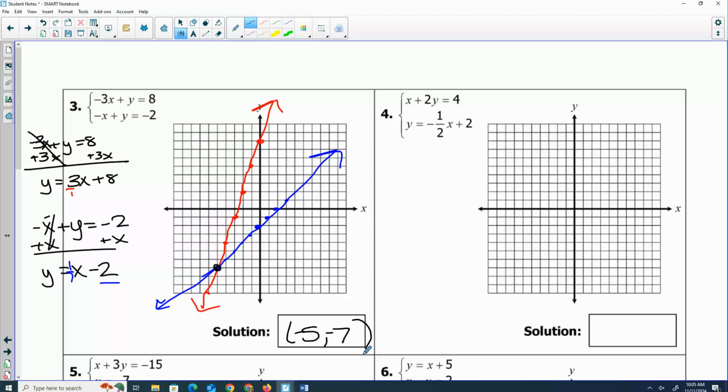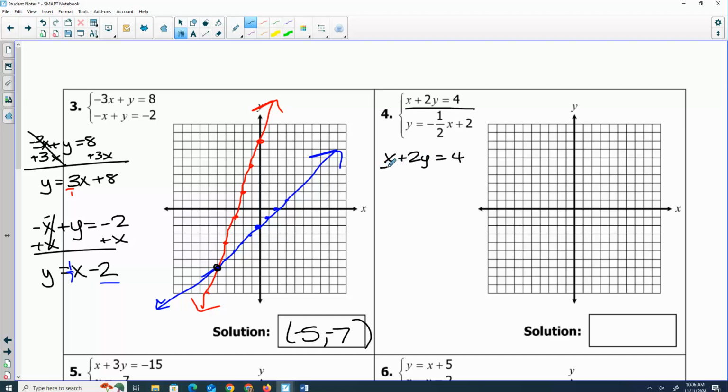Problem 4. What do we have to do? Look at your first equation. What do you need to do first? We need y equals.